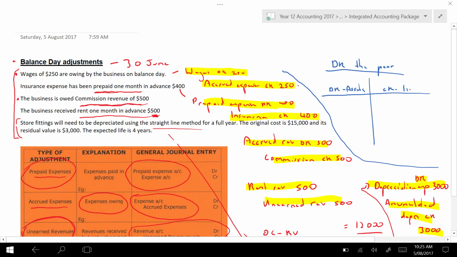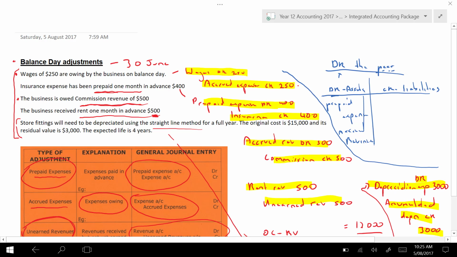CR, therefore, are our liabilities. DR, the assets, are PEAR, which stands for prepaid expense. AR is accrued revenue. Prepaid expense and accrued revenue.